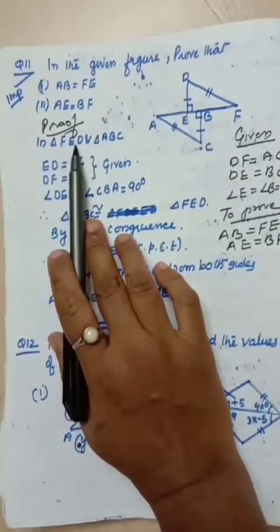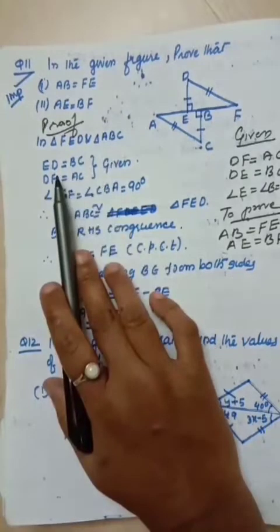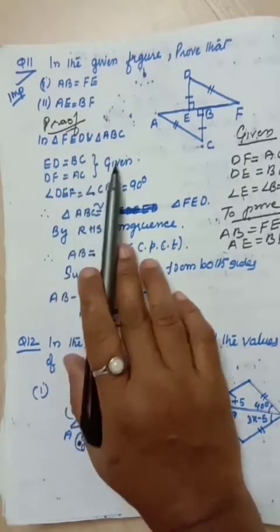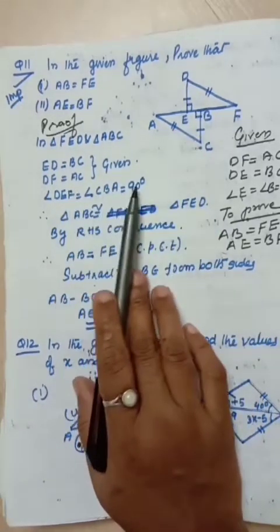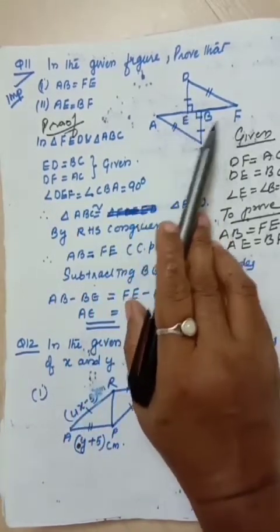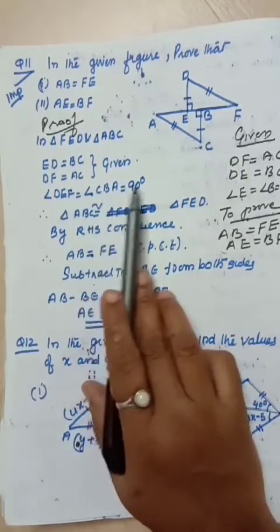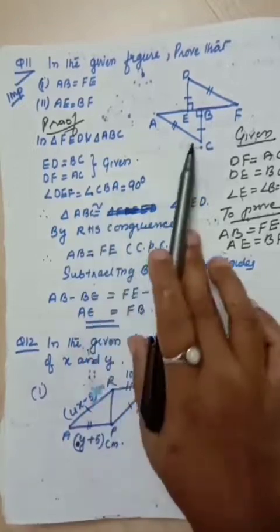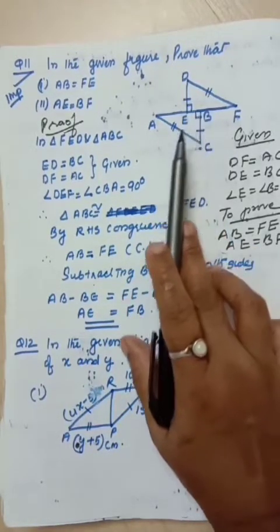In triangle FED and ABC, ED equal to BC, DF equal to AC, these things are given in the question. These two angles, E and B, are 90 degrees. In the middle, one letter is the main angle. So you can say, see, opposite the 90 degrees is the hypotenuse, this also opposite 90 degrees.